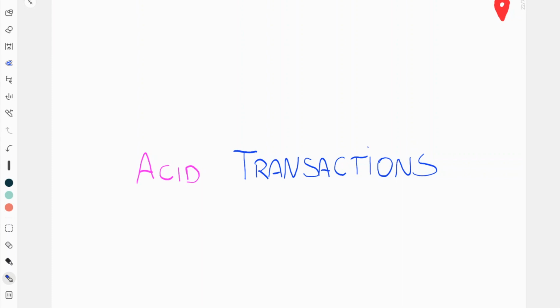So please give ACID transactions a proper look, and evaluate whether you're actually taking them into consideration while creating any data platform.